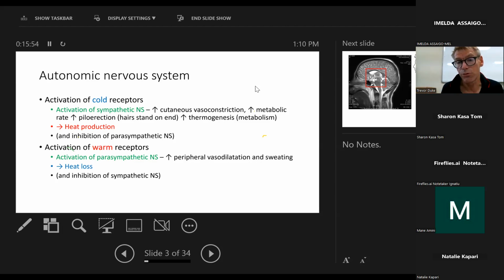If you have peripheral vasodilatation, then the blood goes to your limbs, and you can more easily lose heat from your limbs. If you have vasoconstriction, then more of the blood is circulating internally, and you have no way of losing heat from your blood. So peripheral vasodilatation and sweating allows us to lose heat.